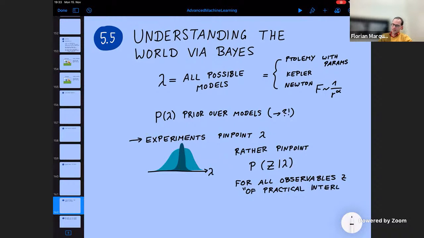Now you understand this is all very vague, and it's a field of current research how to actually implement this program. But you see that in principle, conceptually, Bayes is what you should use to do science in the world. You observe something, you update your knowledge, you shrink the space of possible models that are consistent with your observations.